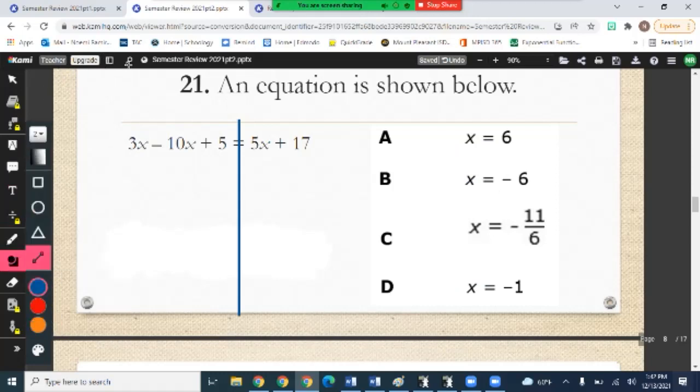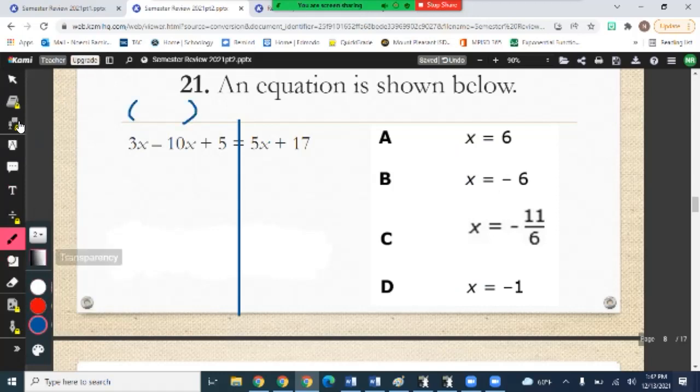All right. Now, this is that one lesson where I told you if you have parentheses, the first step is to multiply. But we don't have parentheses, so we could skip over that part. But we do have what on the left side? Same variable. So what are we going to do? We're going to combine. 3 minus 10x is negative 7x. After that, you have two terms on each side, so I'm good to start moving things from one side of the equation to another.